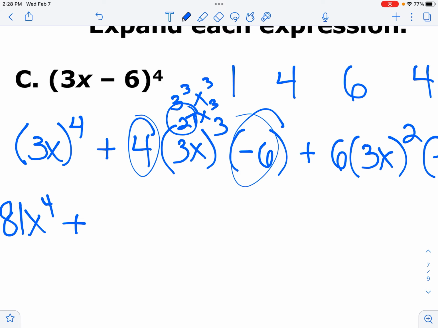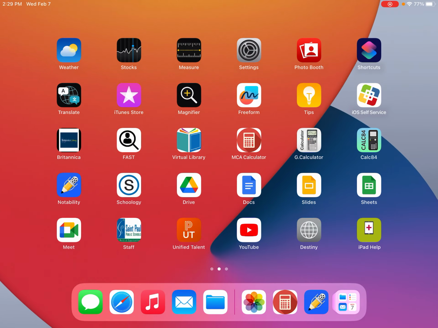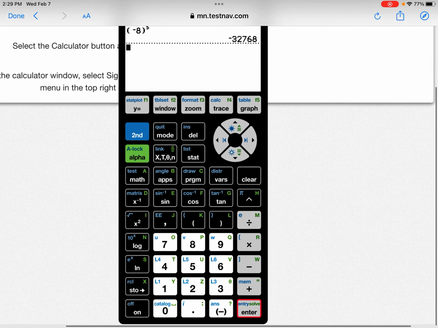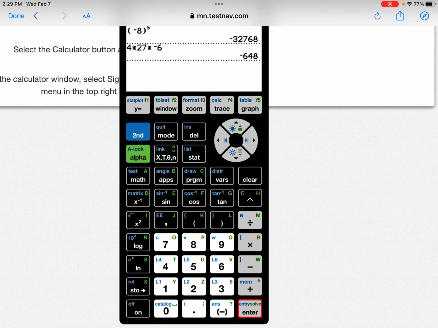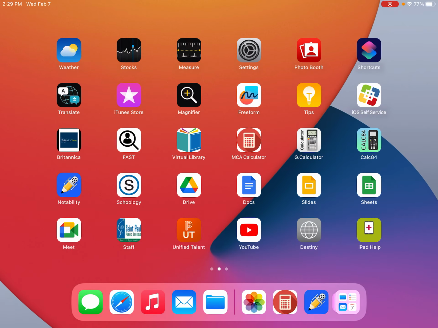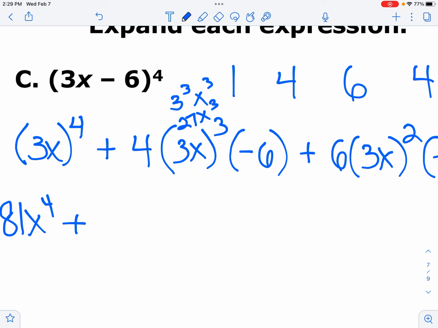So that's what I'm going to do on my calculator. 4 times 27 times negative 6. Negative 648. And then x to the third.